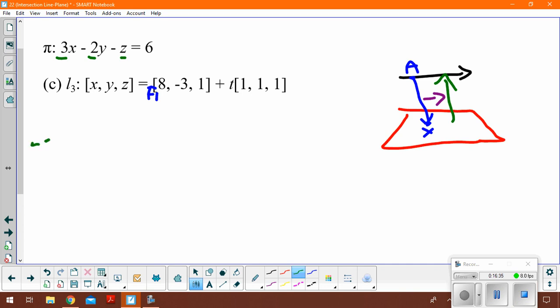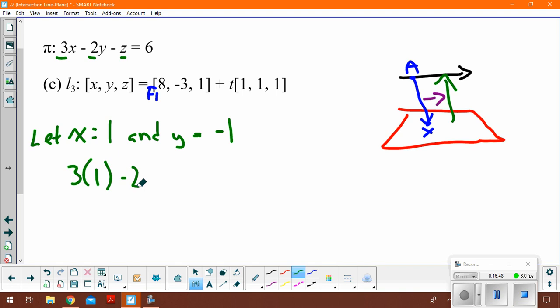So let's say I let X equal 1 and Y equal -1. Then I would have 3 times 1 minus 2 times -1 minus Z is equal to 6. So I've got 3 plus 2 minus Z is equal to 6.